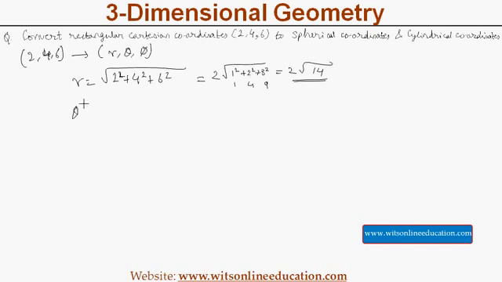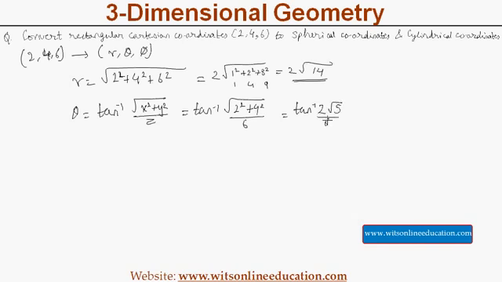Now theta is defined as tan inverse of the square root of x square plus y square upon z, that is tan inverse of the square root of 2 square plus 4 square upon 6. That is tan inverse of the square root of 4 plus 16, that is 20, or 2 square root of 5 upon 6, that is tan inverse of square root of 5 upon 3.